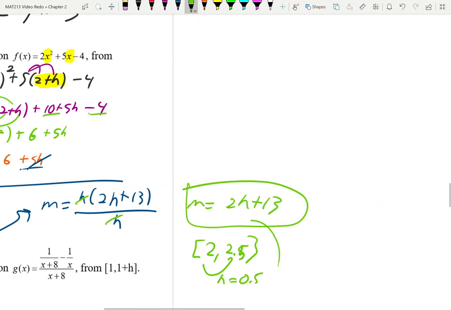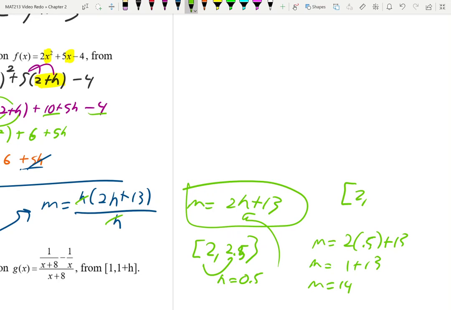So if I want the slope, I'll sub in 0.5, which will give me what? The slope would be 2 times 0.5 plus 13. So therefore the slope is equal to 1 plus 13. So therefore my slope is 14. So I know going from 2 to 2.5, the average rate of change is 14. That is so cool. So cool.